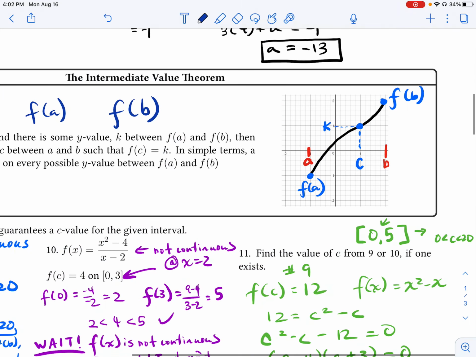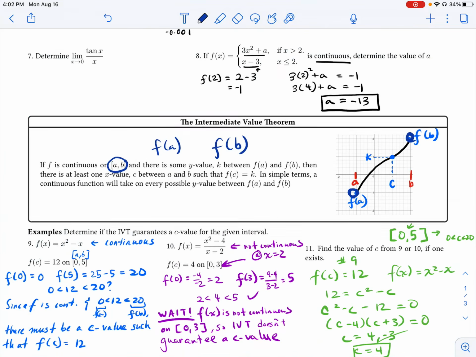I wouldn't be able to determine an f of a and f of b, something to compare it to or bound myself. That's on a very basic level.